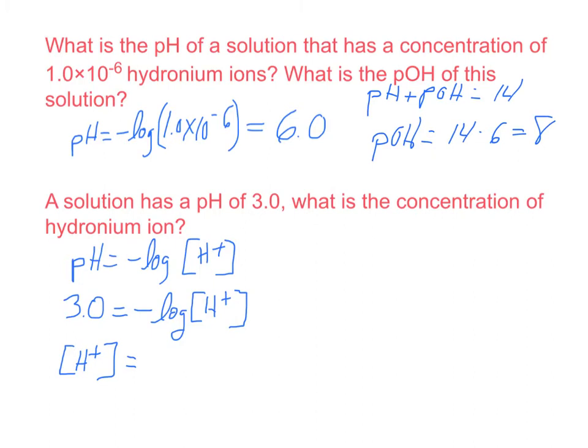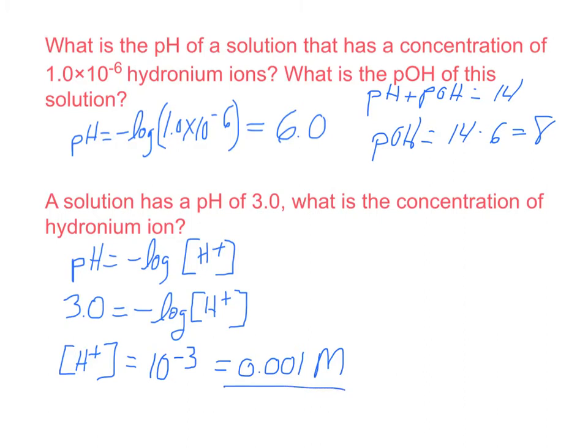So substituting in, 3 is our pH, is equal to the negative log of the hydrogen ion concentration. And then we have to rearrange it, and what we're saying is that the concentration of hydrogen is 10 to the negative 3 power. Okay, which would be 0.001 molar.